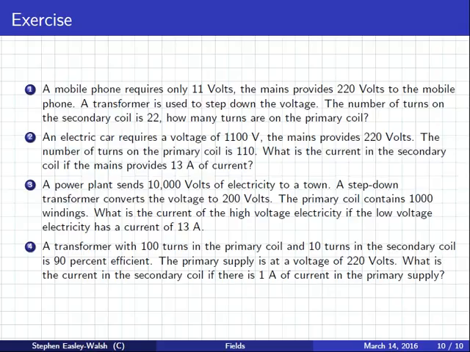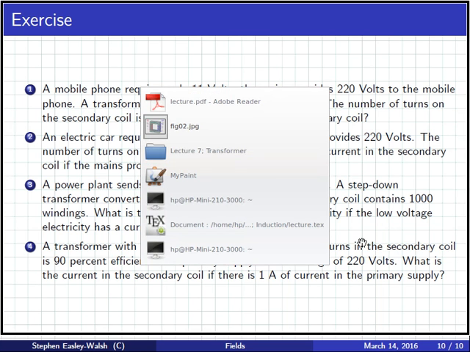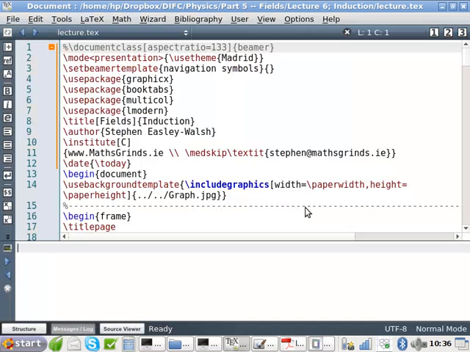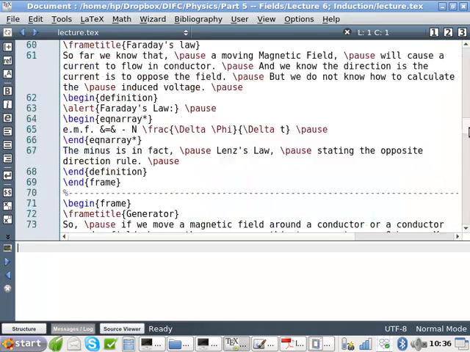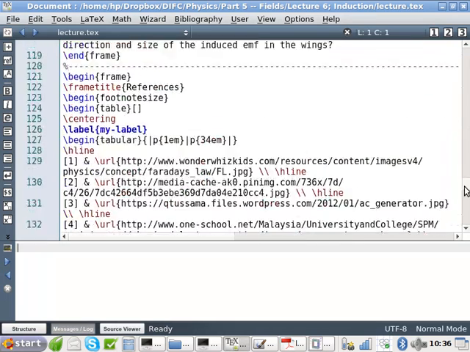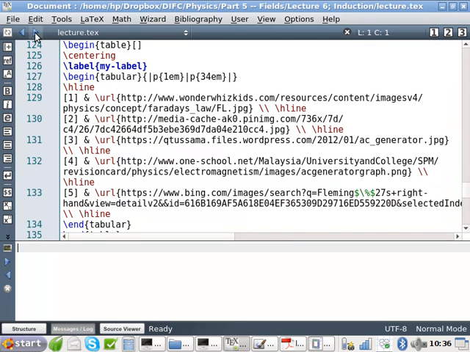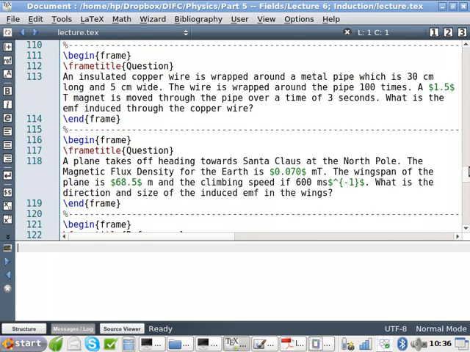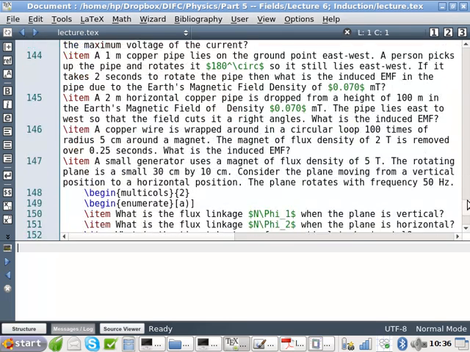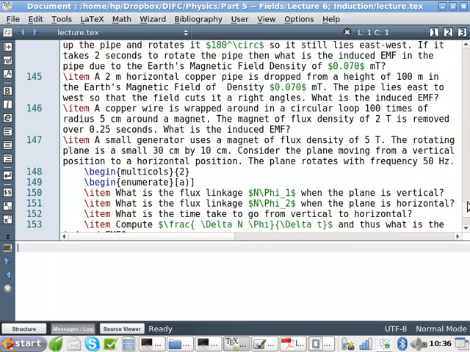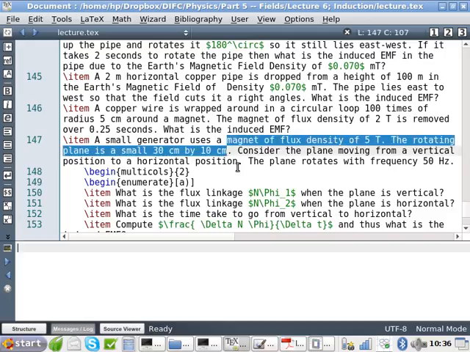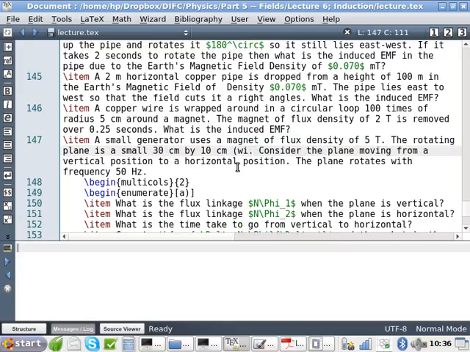Let me just fix something before you go. I'll let you go in one moment.